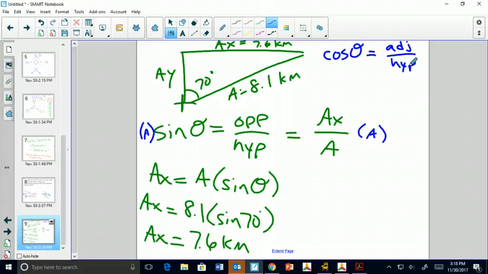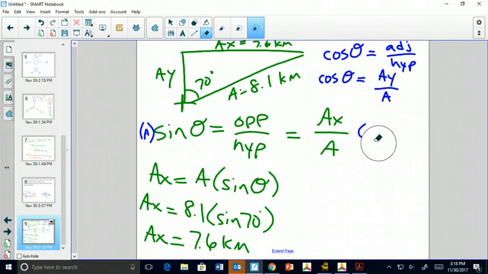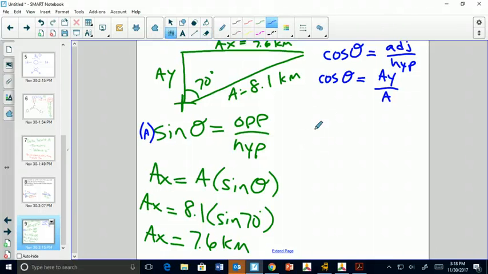So what we're saying here is that the cosine of theta is equal to AY over A, right? And if I want to solve this so we are dealing with AY all by itself, then I can solve this as AY is equal to A times cosine of theta. Because again, I simply multiplied A on both of these sides to get AY by itself.